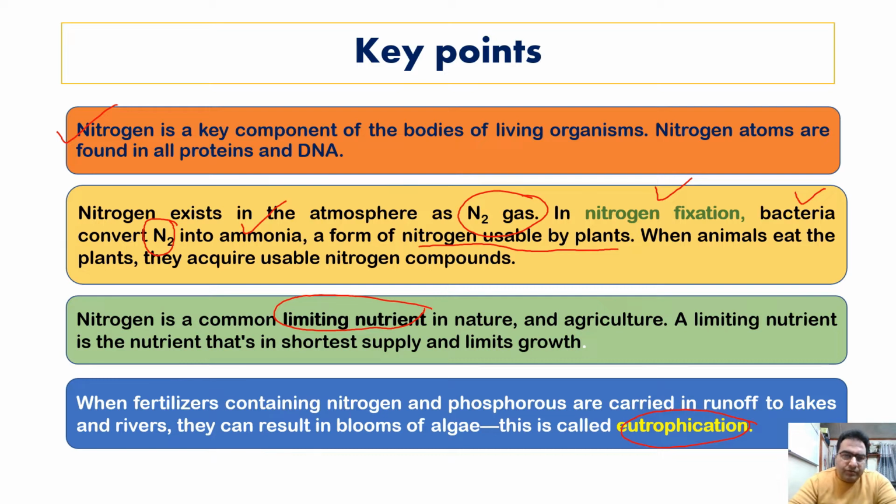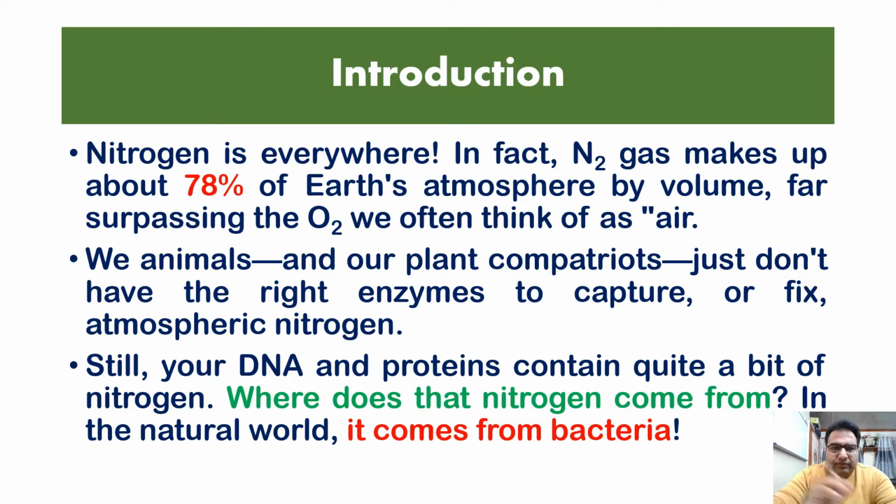So many times we use fertilizers in the form of nitrogen and phosphorus, which are carried by the runoff and reach water bodies or lakes, and that leads to the bloom of algae. That process of excessive nutrients in the water body is called eutrophication.